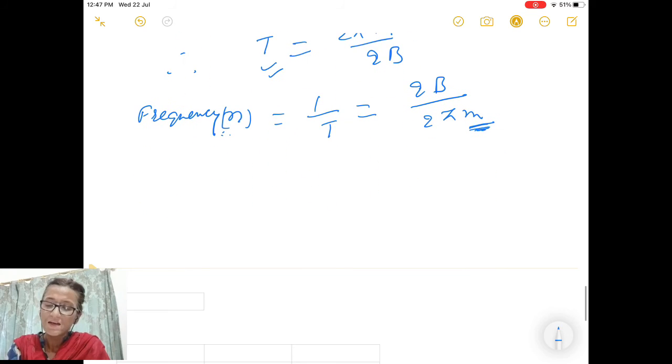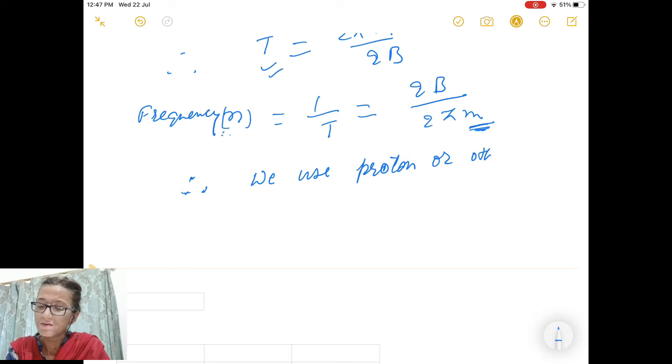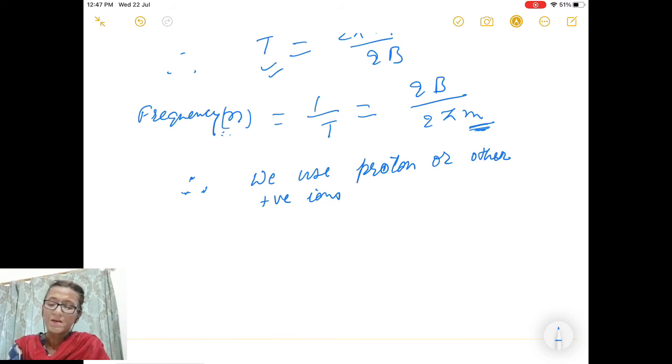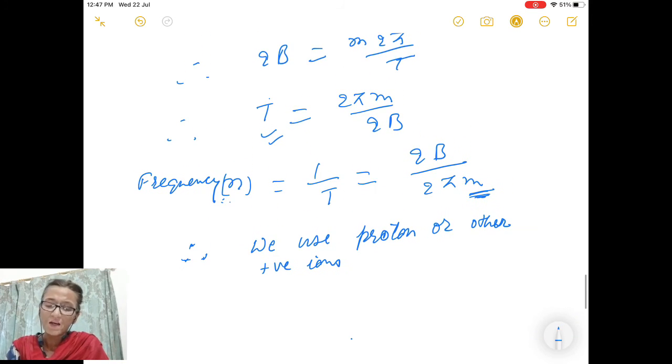Therefore, in a cyclotron, we do not take negative charges like electrons. In a cyclotron, we use protons or other positive ions. So this is the working principle.